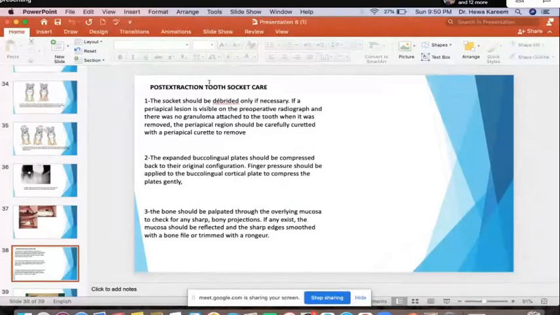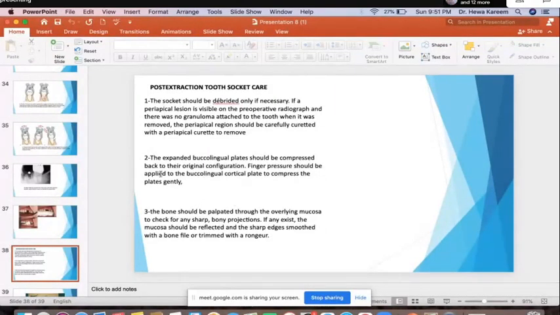Post extraction care of the socket. This is important, you must know. The socket should be debrided first. Second, the expanded buccolingual plate should be compressed. The bone should be palpated through the overlying flesh to check for any sharp bony projection.